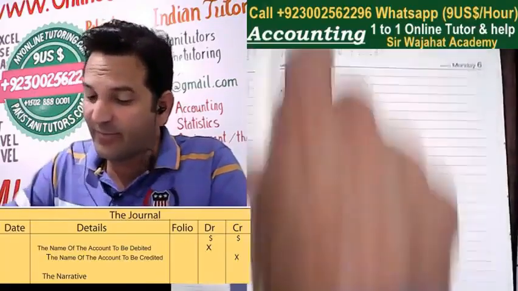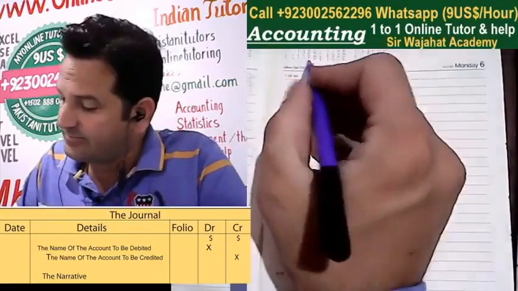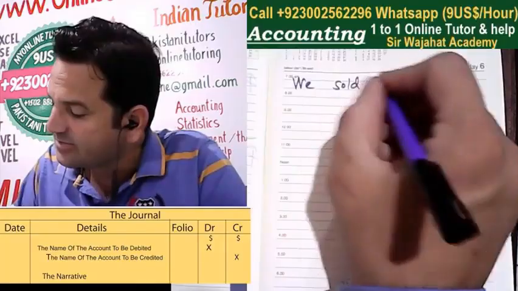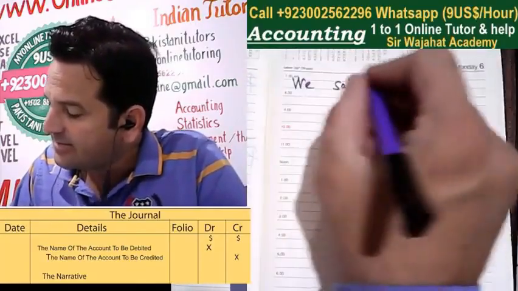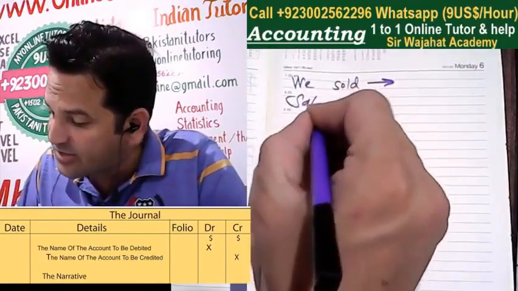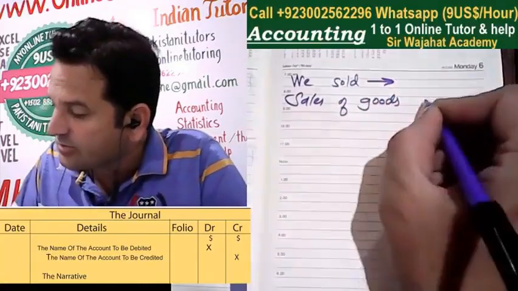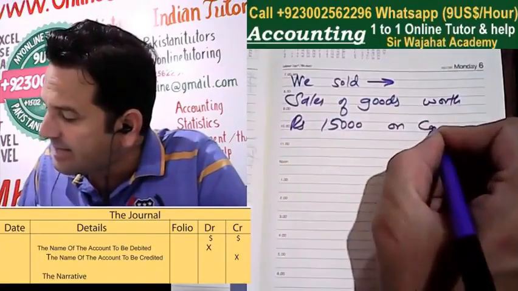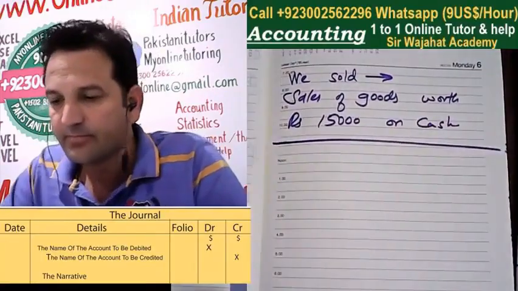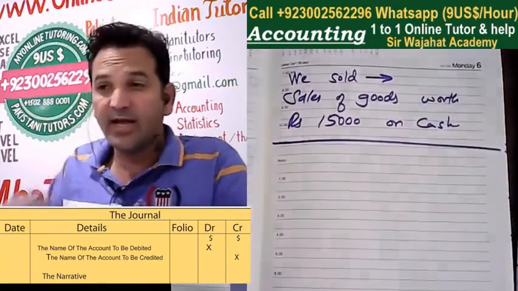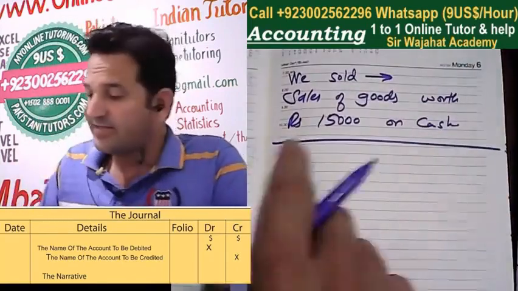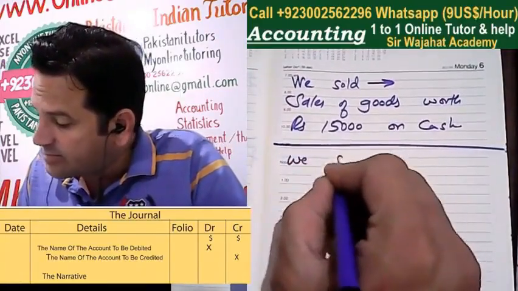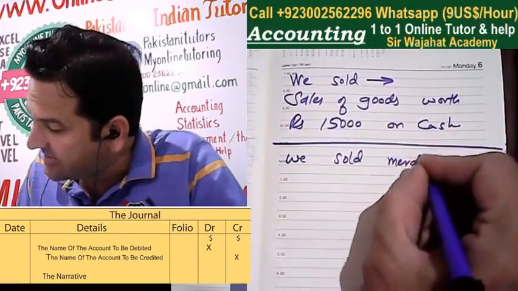Now, what will happen in the case of selling? The same thing as before? Yes. It will be written as we sold. The transaction will be mentioned. Either it will say we sold or sales of goods worth rupees 15,000 on cash. So in this case, we can either say that we sold goods, or we can specifically mention sales of goods worth rupees 15,000 in cash, which clearly indicates the amount and the mode of payment.